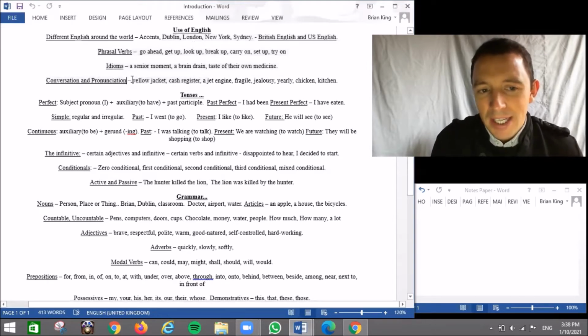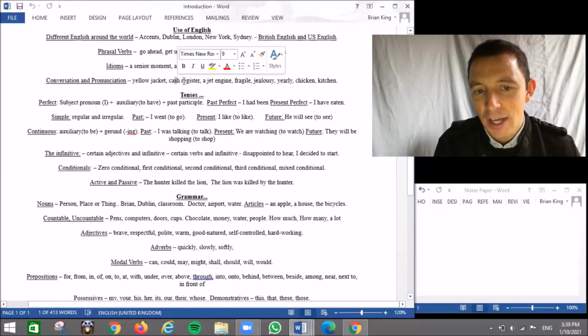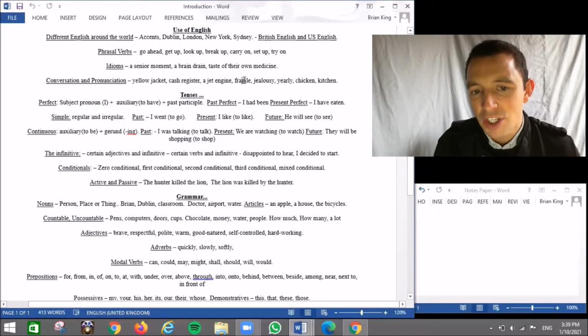Okay, so for example, yellow jacket. So the pronunciation of the Y, yellow. J is jacket. The SH, cash register. So the G, cash register. A jet. So the J, a jet engine with the G. This one is very important, fragile. So in español, it's frágil, but in English it's fragile.